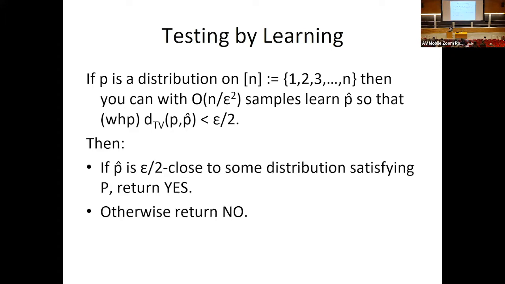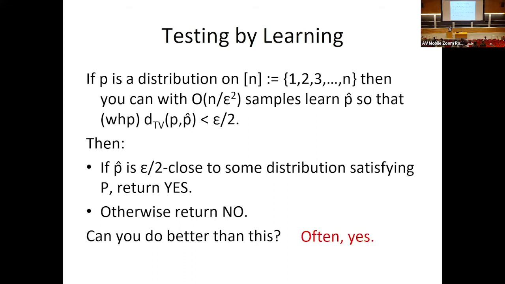And then you know if P hat is epsilon close to some distribution satisfying your property, the answer must have been yes. It can't be that the real P is epsilon far, and otherwise the answer is no. And so we have an algorithm that actually works. And the question is, this is sort of a linear algorithm that tests by learning. Can you do better than this? And often, yes, you can.